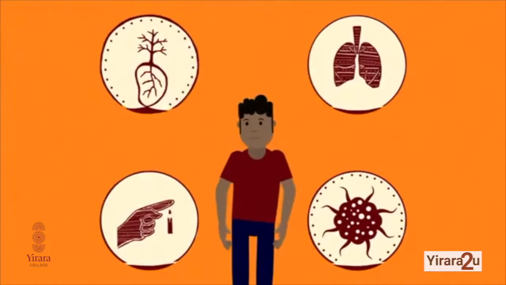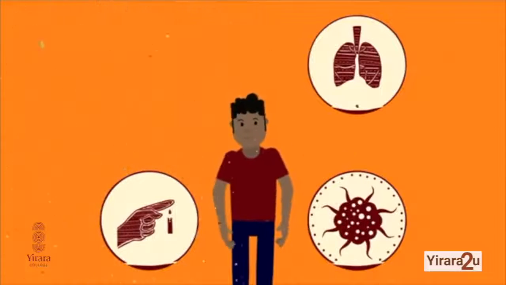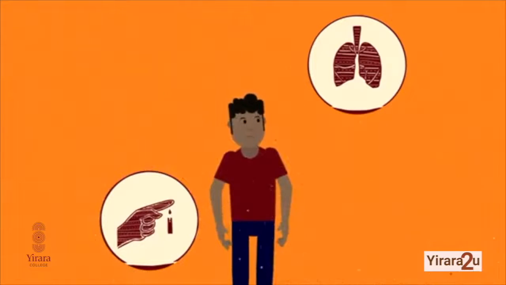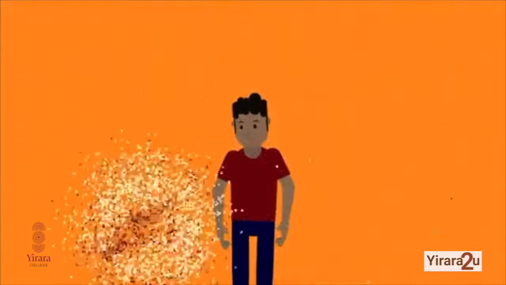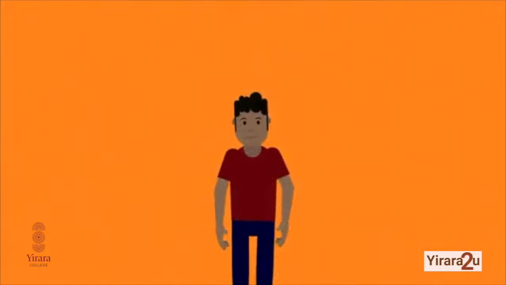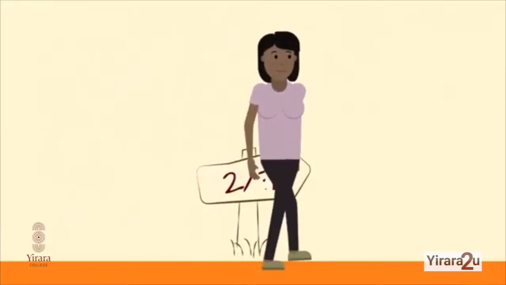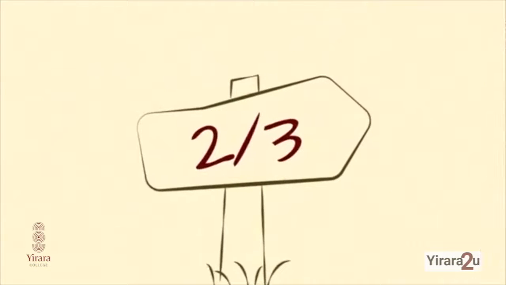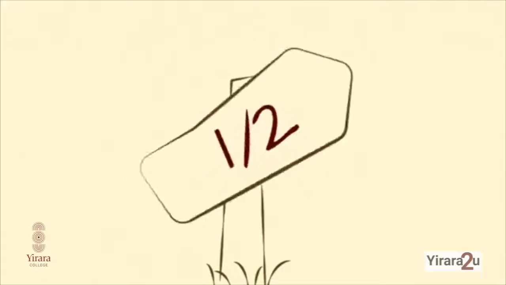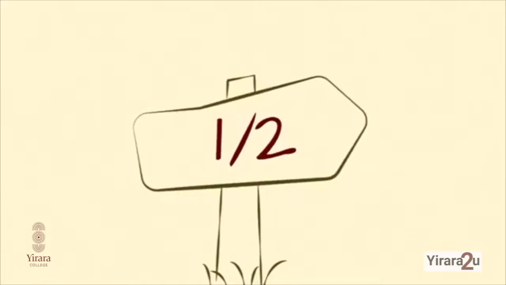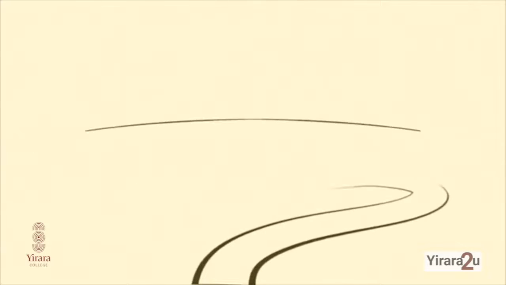Quitting at any age can help to lower and sometimes even reverse the health risks linked to smoking, and the earlier you quit, the better. Evidence shows that most people who smoke want to quit. More than 2/3 of daily smokers have tried quitting, and nearly half attempted it in the past year.